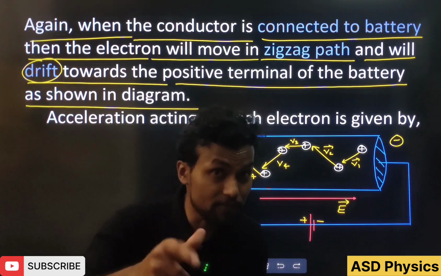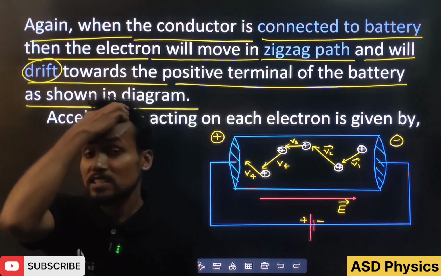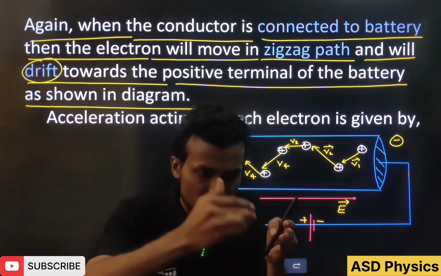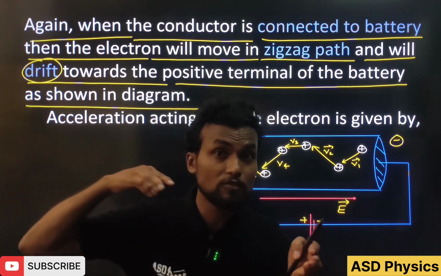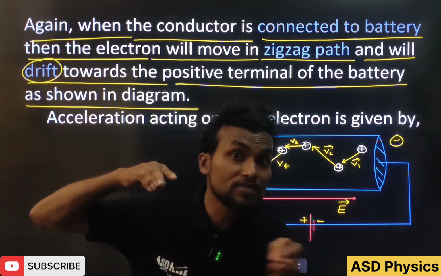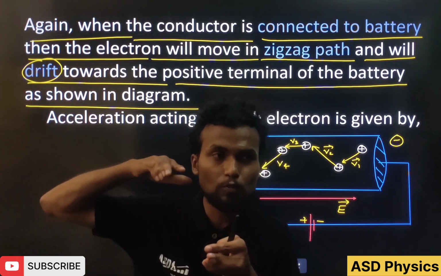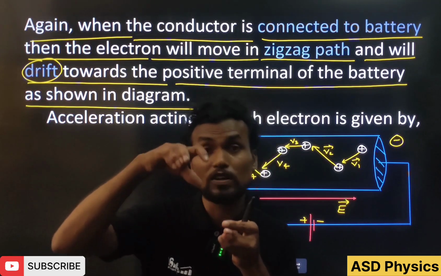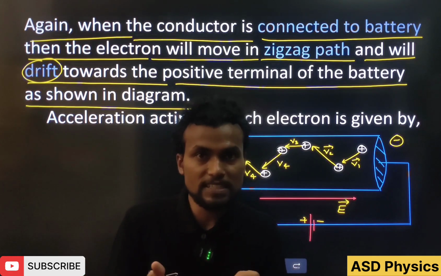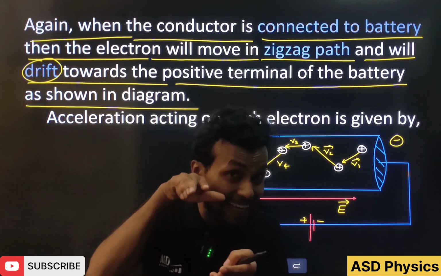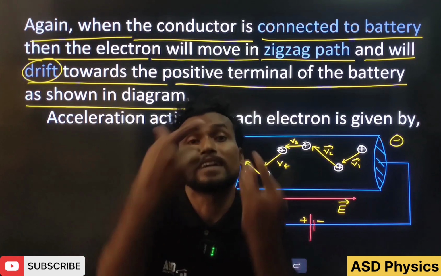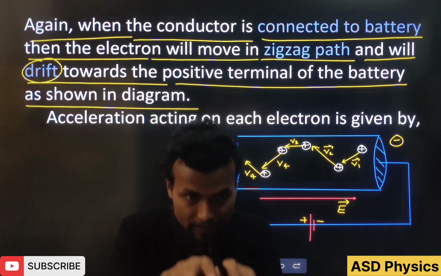It is drifting. You can imagine it this way: let's take for example 3 breakers and one car. Do you think the speed of the car can increase continuously? No, because the moment the speed of the car increases, one breaker will come, then the speed has to decrease. The moment the breaker is crossed, the car will increase the speed again, then the second breaker will come, and again it has to decrease the speed.